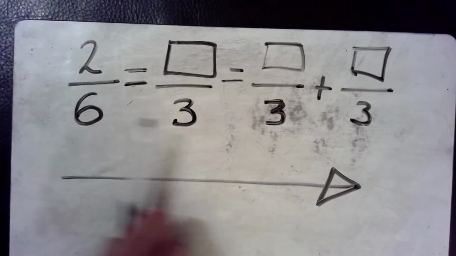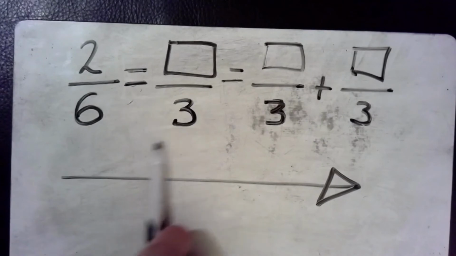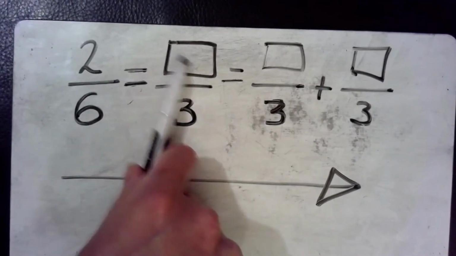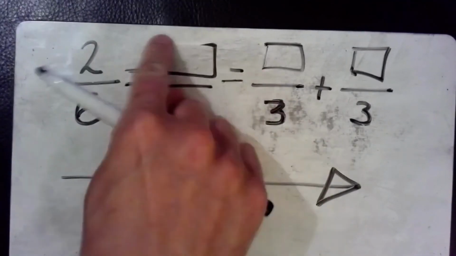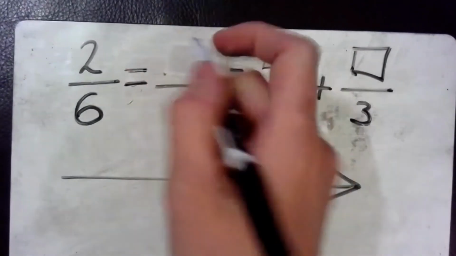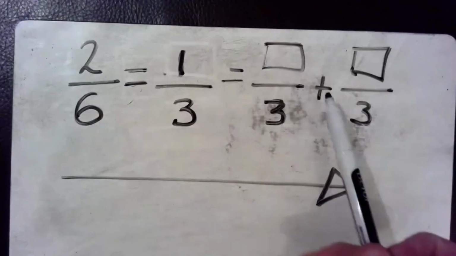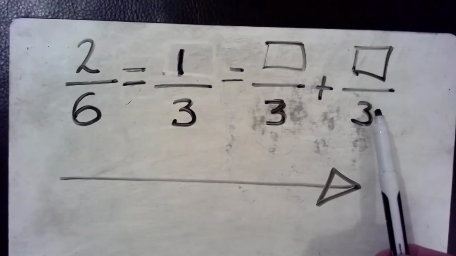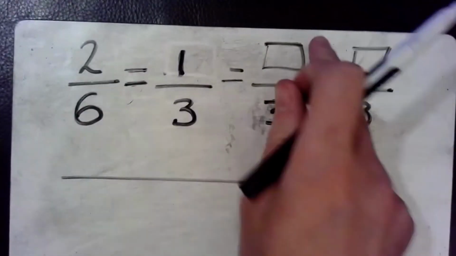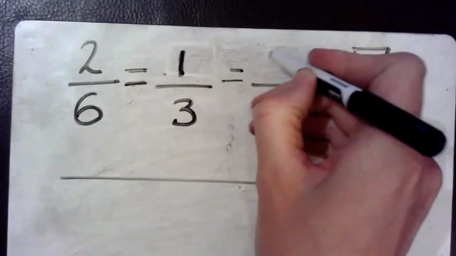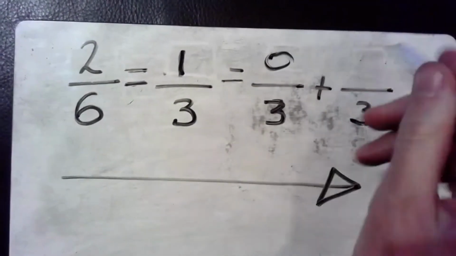I've obviously done 3's on the bottom here. For me to go from there to 2, I'd need to have done 1's there. So I've got 1/3. Now I've got something thirds, add something thirds here. If I've got 1, I've got to have 0 thirds there, add 1/3 there.